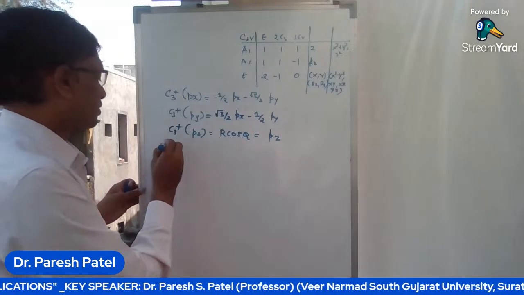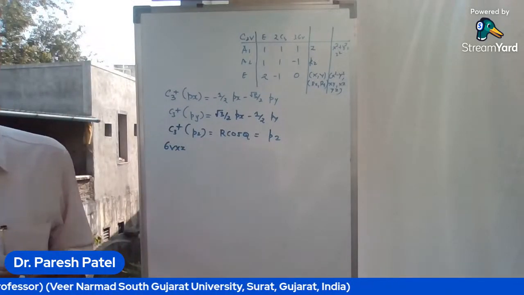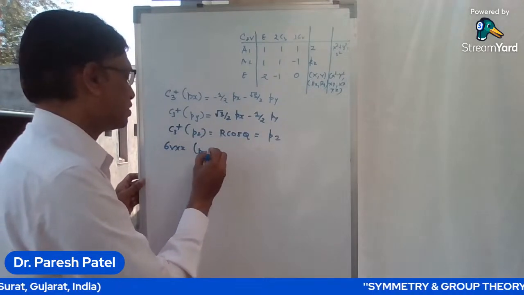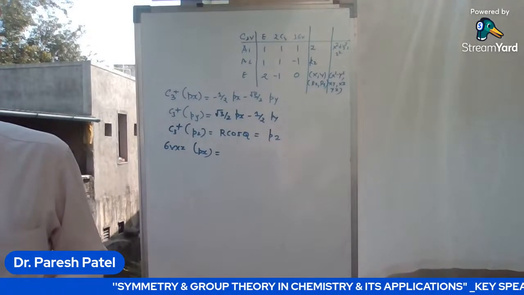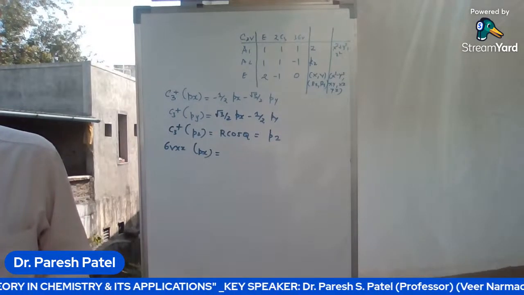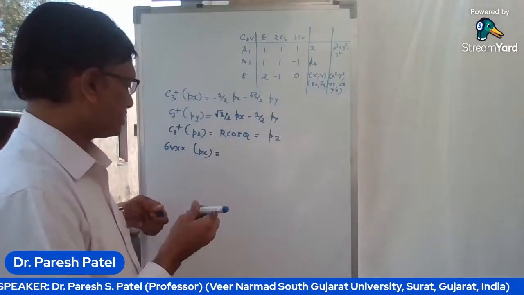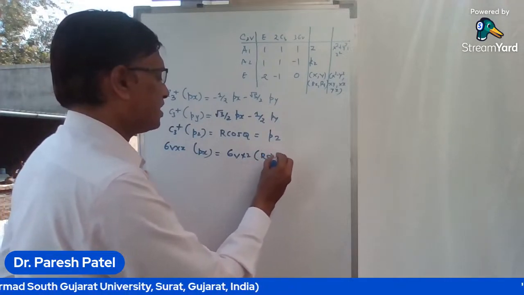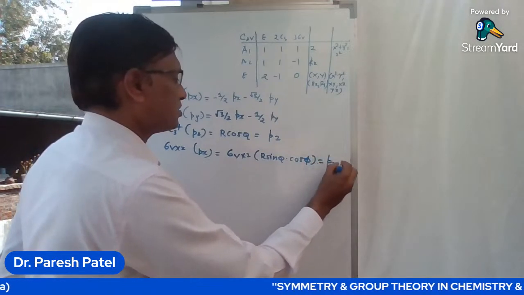Now, if we operate the sigma v symmetry operation on px, in the case of the xz plane, this is in the same plane, which means there is no change: sigma v xz on r sine theta cos phi is equal to px.